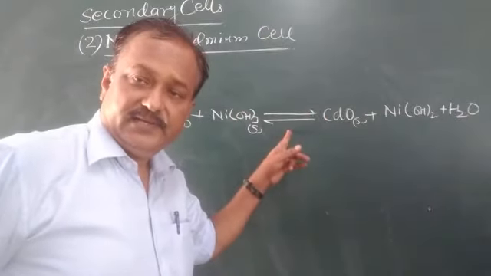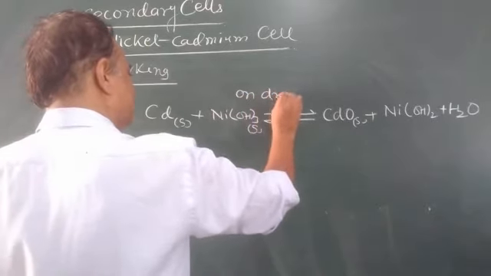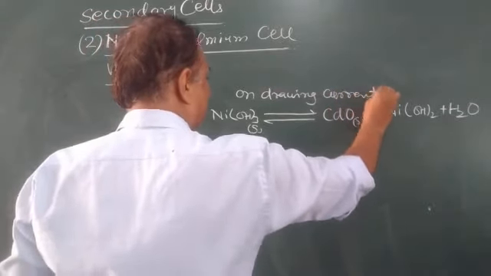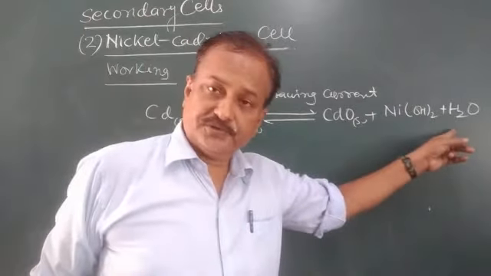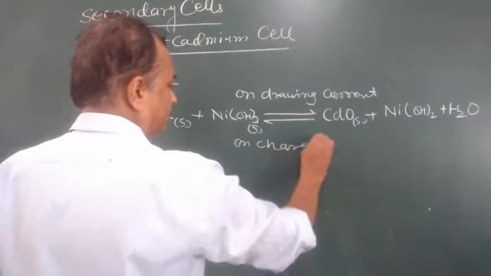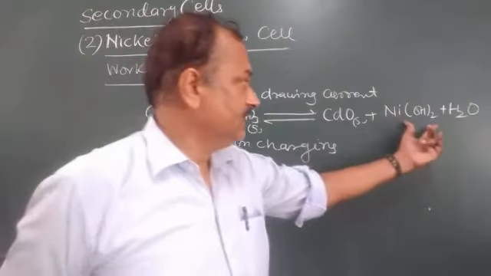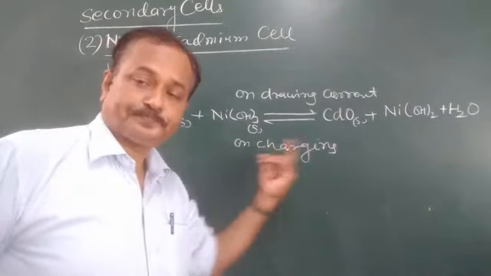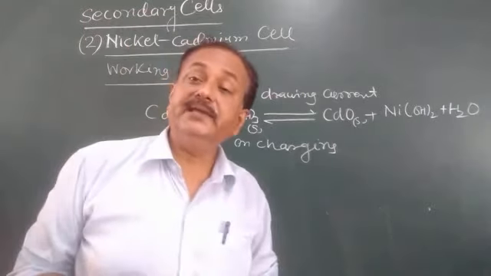This reaction is reversible. This is on drawing current, or where we are taking current. It is very similar to the acid accumulator. Water is being produced. And on charging, the reversible reaction takes place, and this nickel in +2 is converted to nickel +3, and so the cell works, and it can be used again and again by charging.